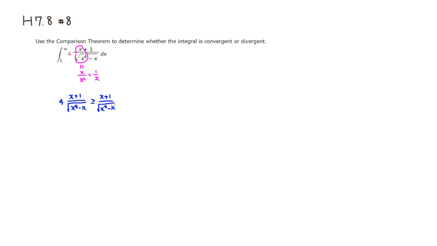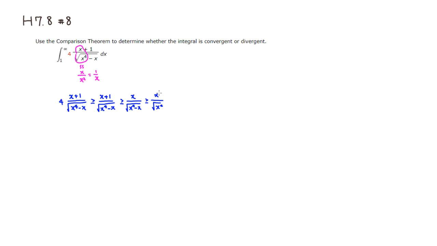And I'm going to make it even smaller by removing 1 from the numerator. Since I'm making the numerator smaller, the whole fraction gets smaller. The next step is I'm going to remove negative x, which means I'm adding x inside the square root on the bottom, making the denominator larger, so the fraction gets smaller.